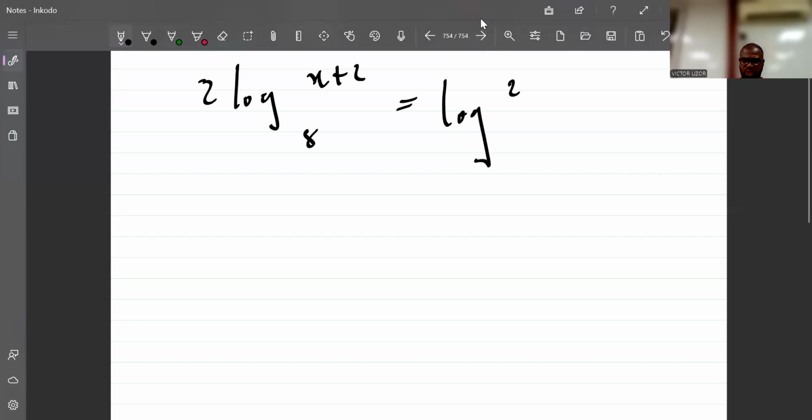Now let's look at this question. 2 log x plus 2 base 8 is equal to log 2x plus 19 base 8, and you have to solve it.